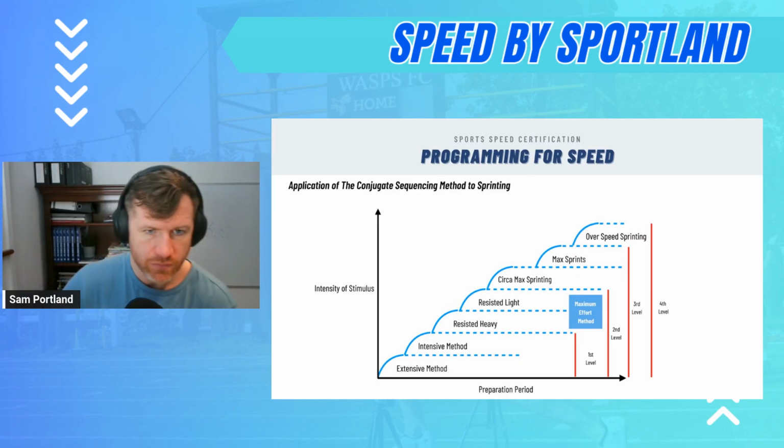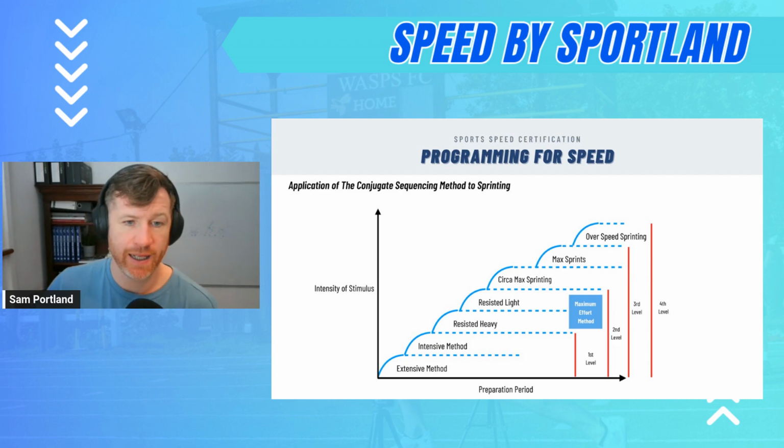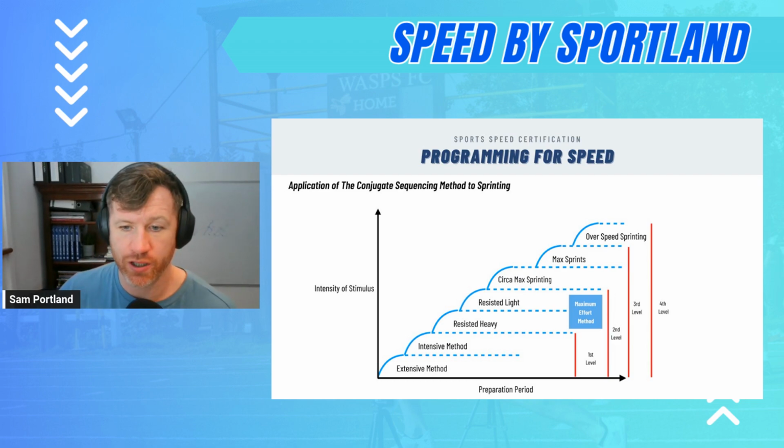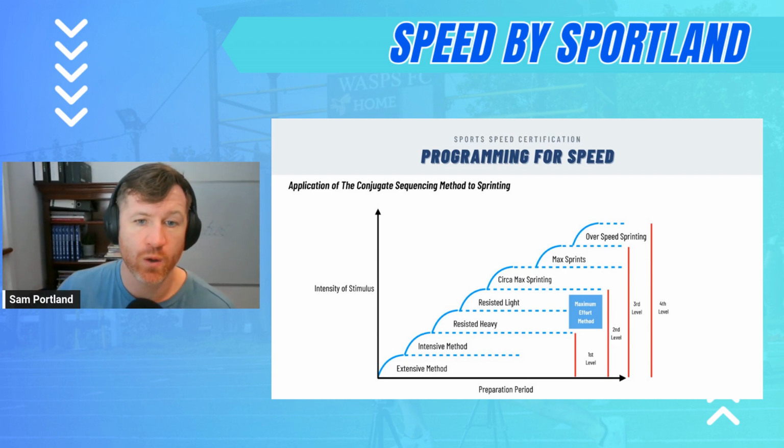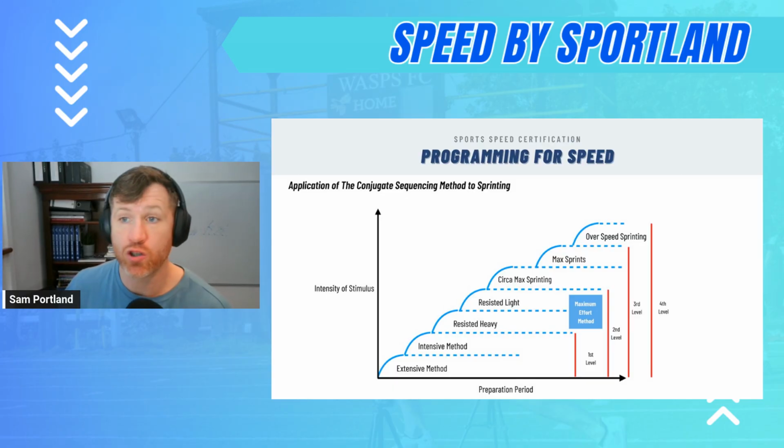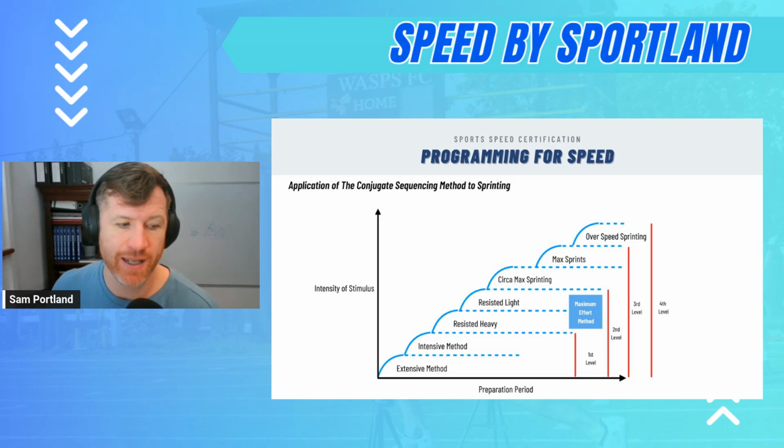So here we look at the application of conjugate sequencing when we apply it to sprinting. What we have at the bottom here is our extensive methods of training. If you're here, you should really know the difference between extensive and intensive training.